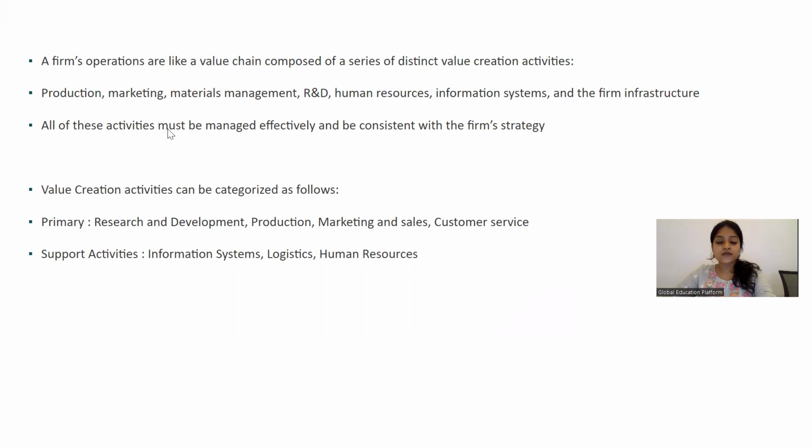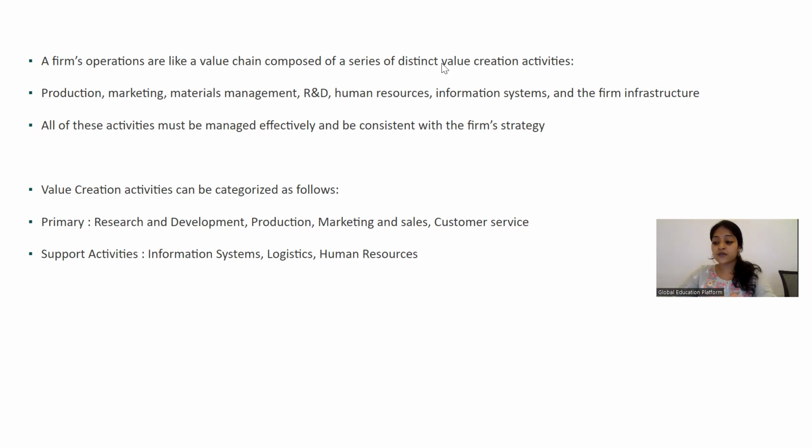So all of these activities must be managed effectively and be consistent with the firm's strategy. So like I mentioned previously, the research and development team and the human resource management team cannot have different information. If they have different information, that's going to actually affect the overall motive of the organization.